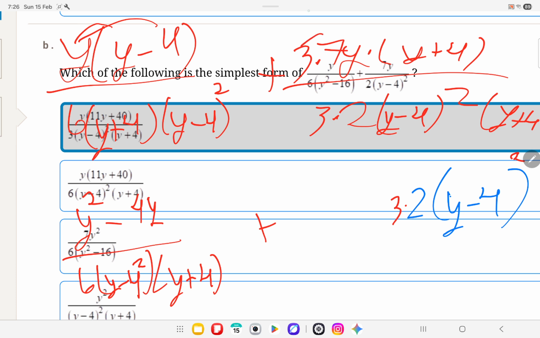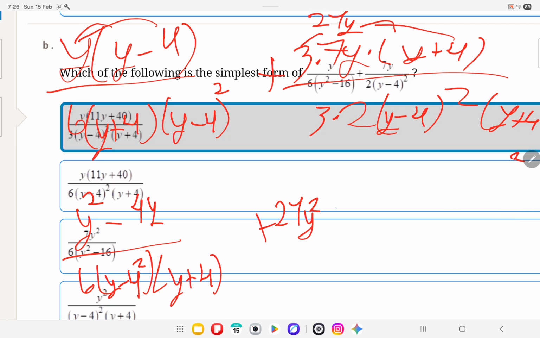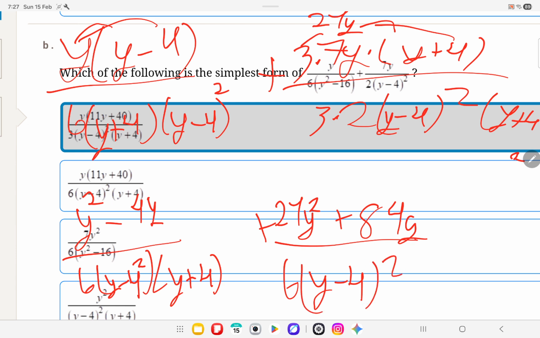It'll be 21y, then we distribute. 21y times y is just 21y squared, and 21y times 4 is, just erase this, 21y times 4 is just plus 21 times 4 is 84y over 6 times y minus 4 squared times y plus 4.